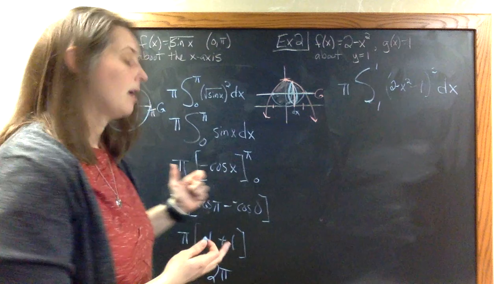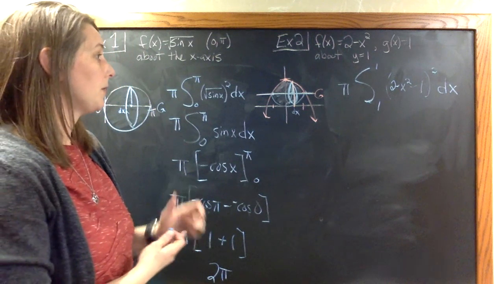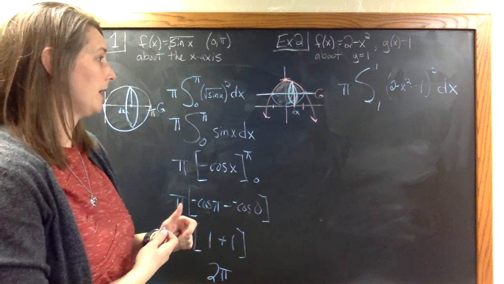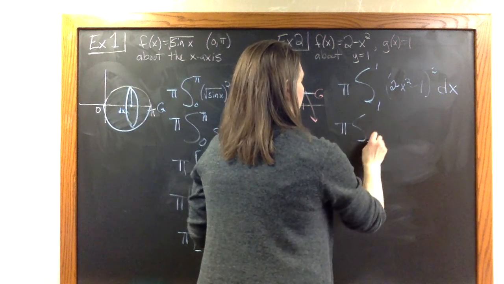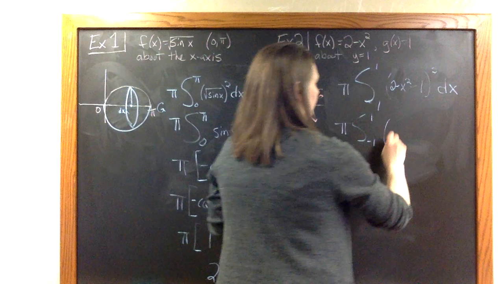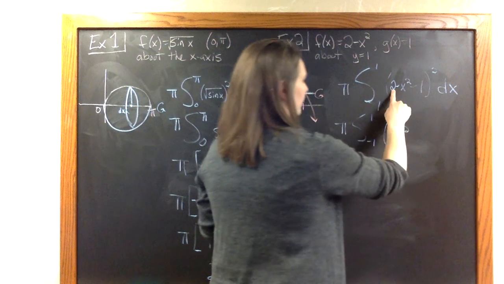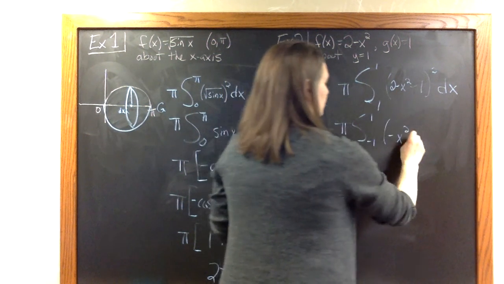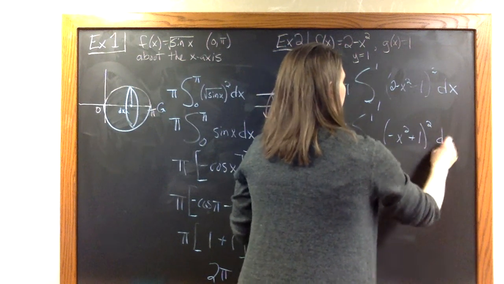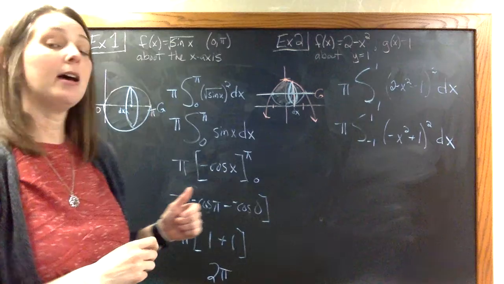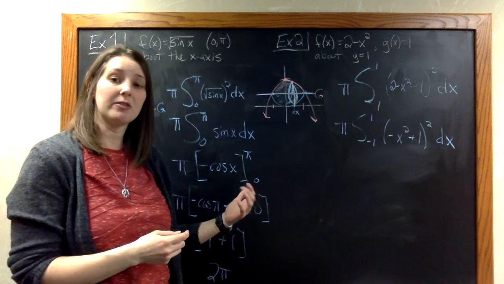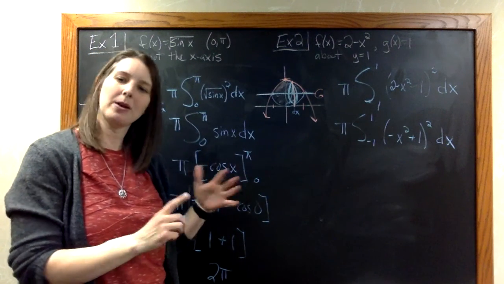All right, so when we do that, what do we get? Negative x squared plus 1. Okay, we're looking good so far. We are going to have to take the antiderivative of this. We should probably just FOIL that out.